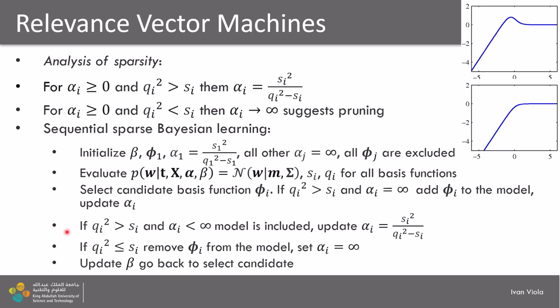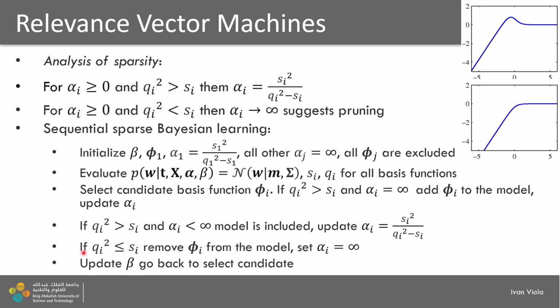If we have calculated these quantities for all our basis functions, and this basis function is already included in the model, we simply update the alpha I with these new quantities.